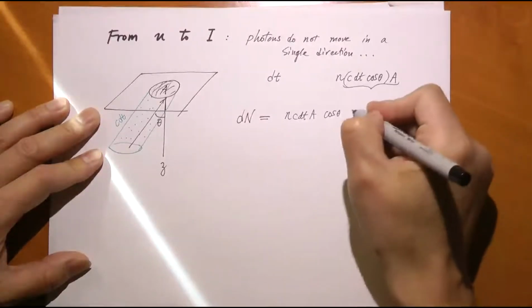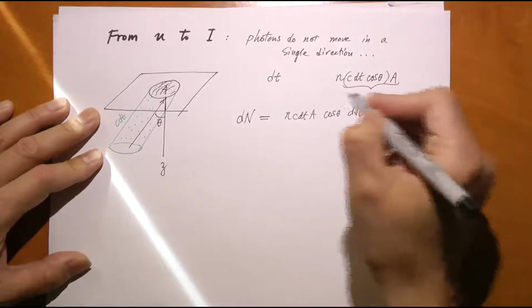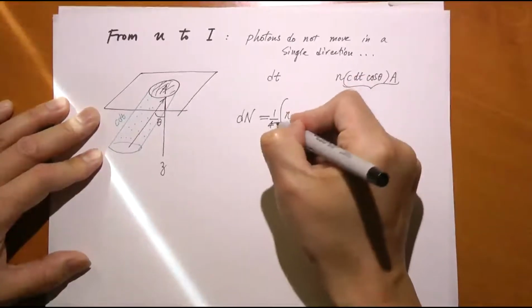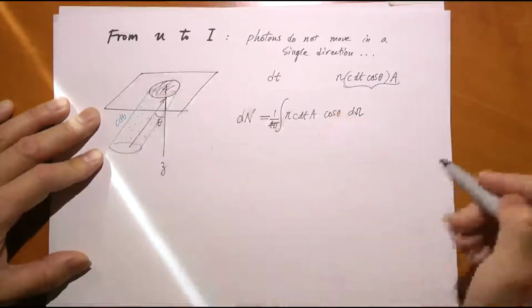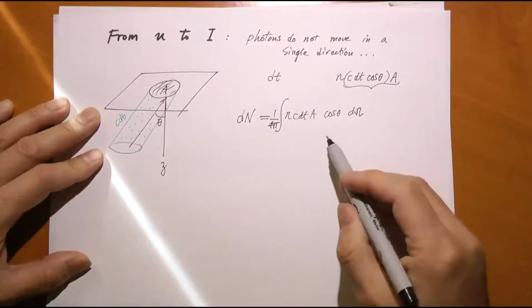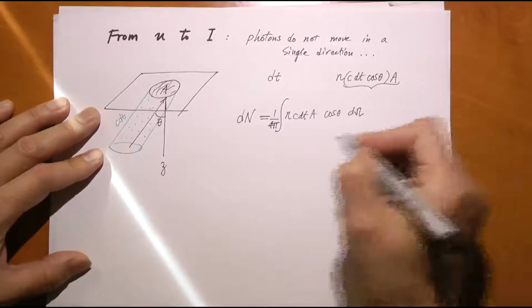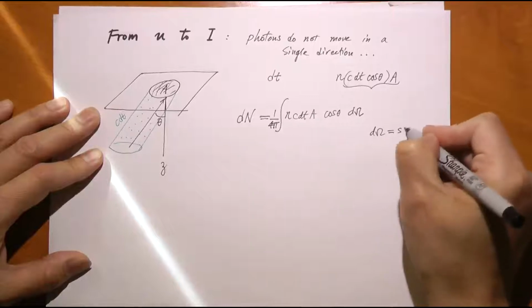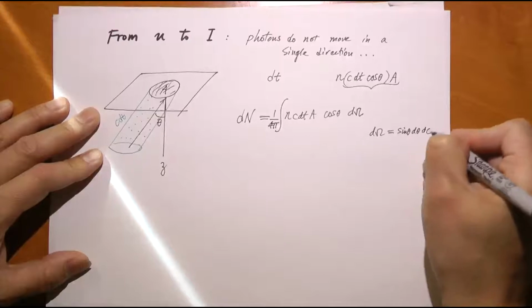To do so, we have to use the so-called solid angle d omega, and we have to integrate. Then we multiply by 1 over 4 pi, because 4 pi is the total solid angle for the entire sphere. So basically, we're averaging the orientations for theta and phi. If you recall, d omega is sine theta d theta d phi.